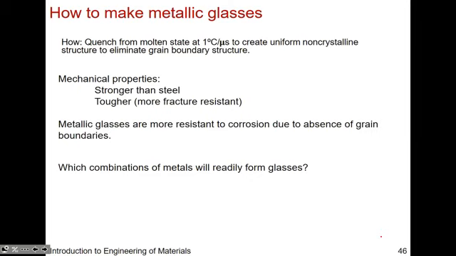The trick is, and we'll talk about this when we get to chapter 10 and kinetics and heat treatment, that you just have to drop the temperature really fast to beat crystallization. And it will make the material tougher and stronger and more fracture resistant, which is, of course, advantageous for a variety of things in our lives.